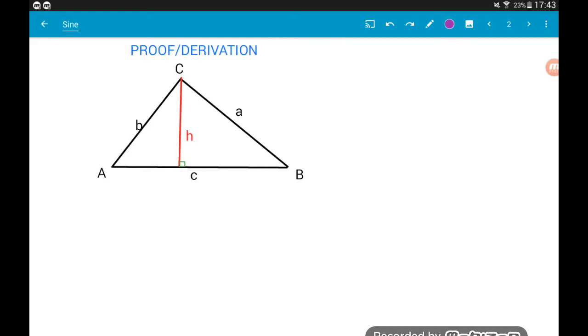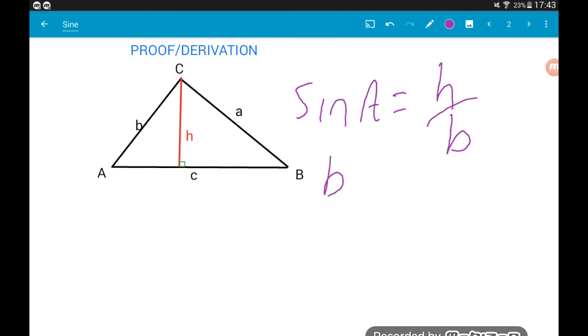So from the left hand side triangle we can get sine A is equal to H, which is opposite, divided by B, and then we can multiply by B, and that will tell us that B sine A is equal to H. So that's important.